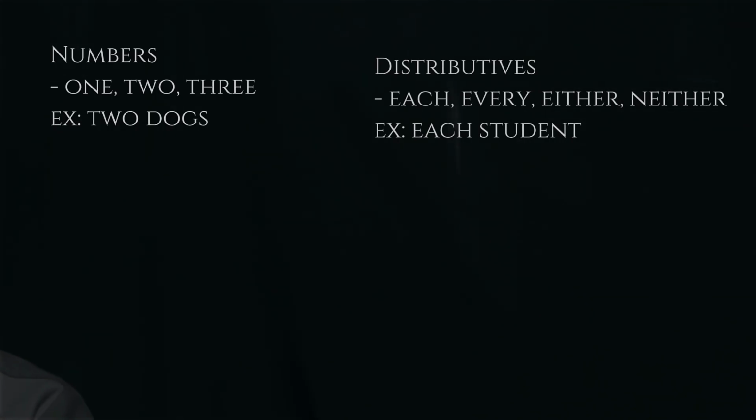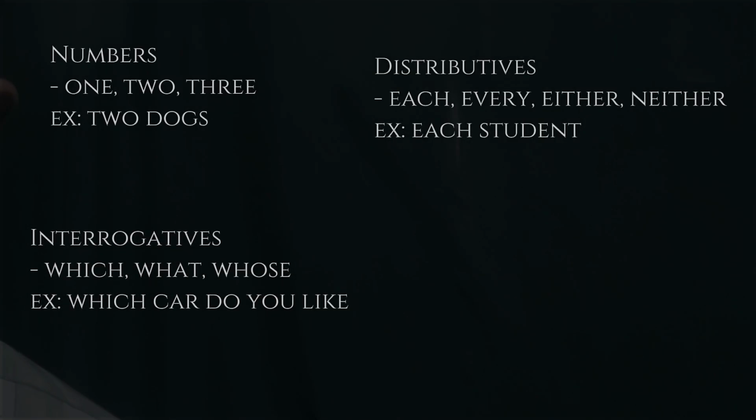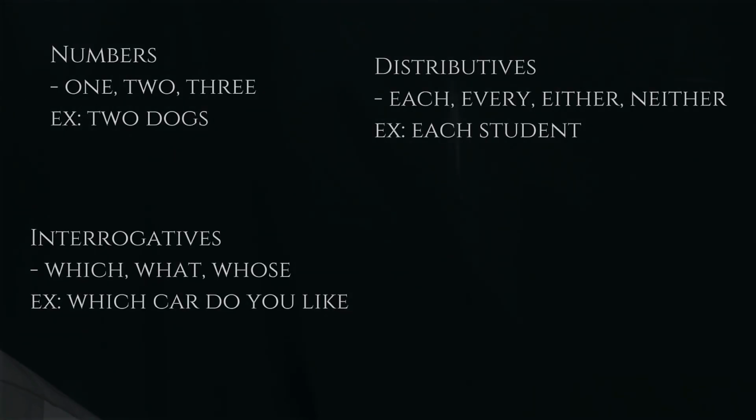Okay, for the next distributives, there are each, every, either, neither. For example, each student and anything. Okay, next interrogatives. There are which, what, and whose. For example, which car do you like?